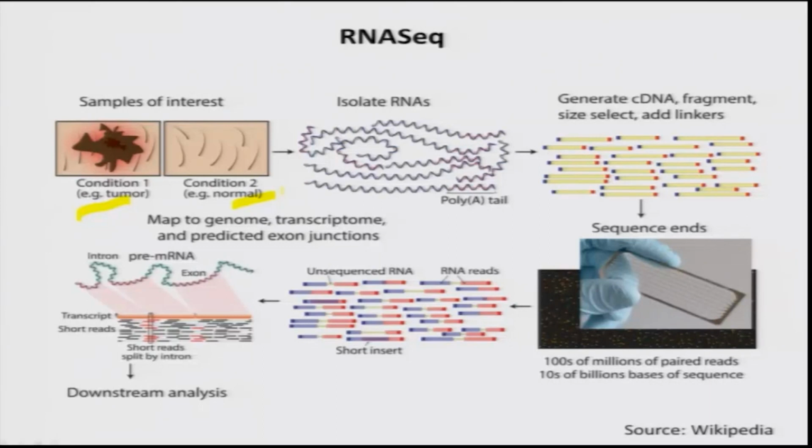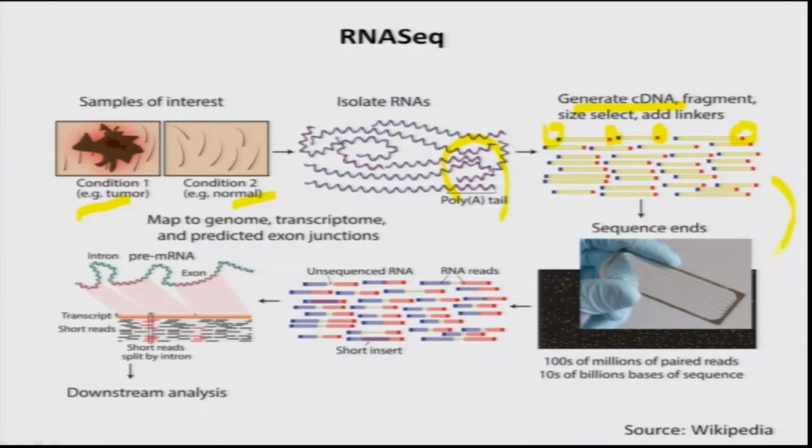You isolate RNA exactly the same way as the traditional method, and then you pull out all the mRNA if you are looking into the coding RNAs. The first step would be to convert the RNA into DNA, what you call cDNA fragments, and make it double stranded. And then just like the way you have done it for DNA, you add adapters on either end of the DNA. This is what you do, right.